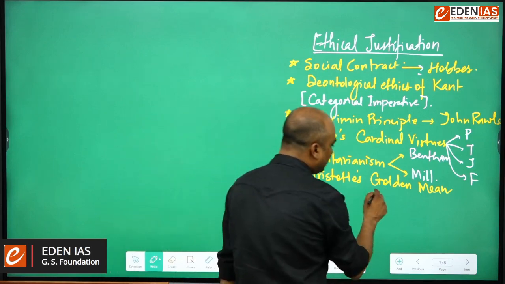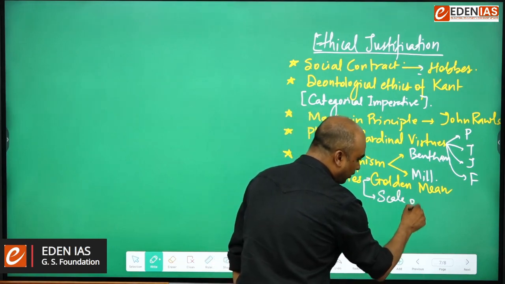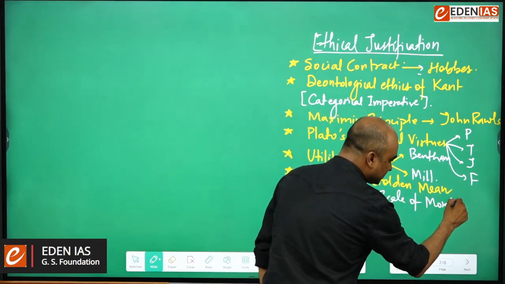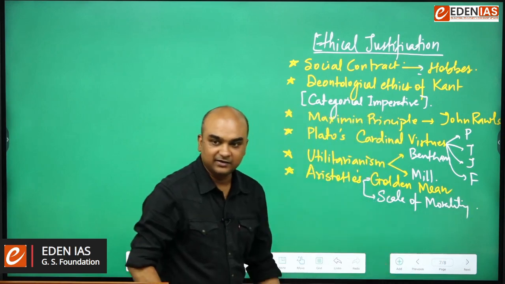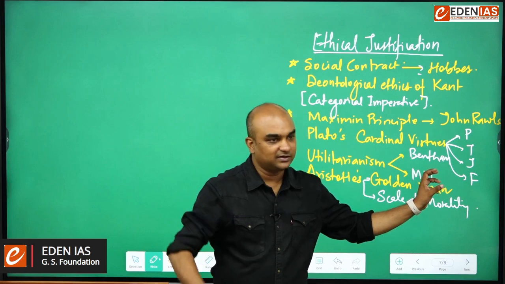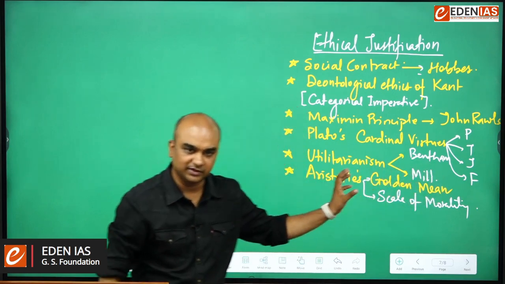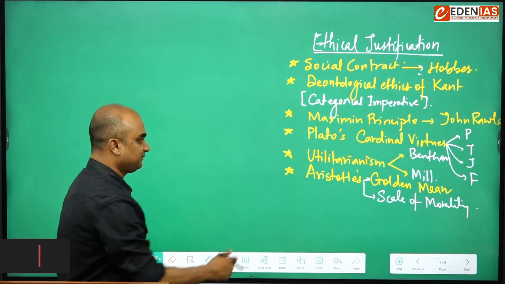Also, not only the golden mean, but Aristotle's scale of morality or the spectrum of morality. Here you are showcasing yourself as a virtuous person. Remember, vicious, incontinent, continent, and virtuous. So you're showing yourself as a virtuous person.